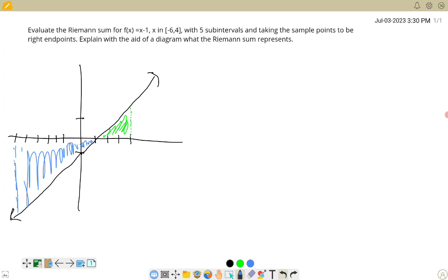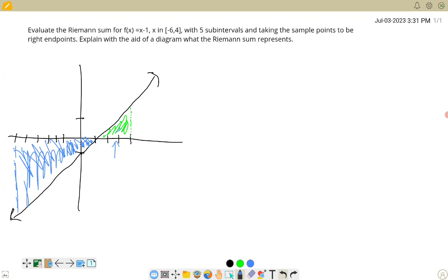The Riemann sum is representing these two areas, where this is taken to be negative because it's above the curve, and this area is taken to be positive because it's underneath the curve. Okay? So that's the second part.